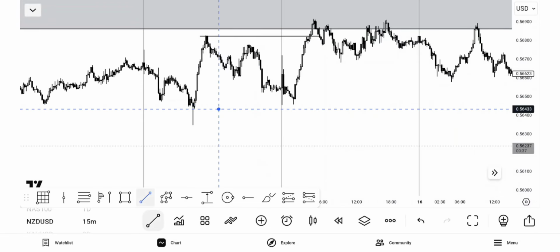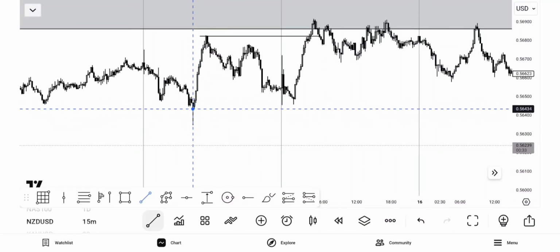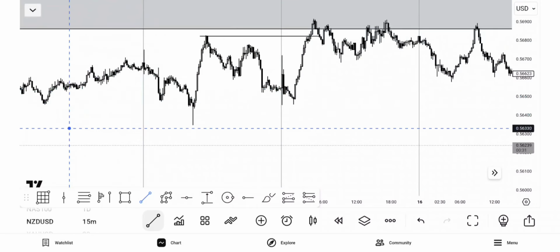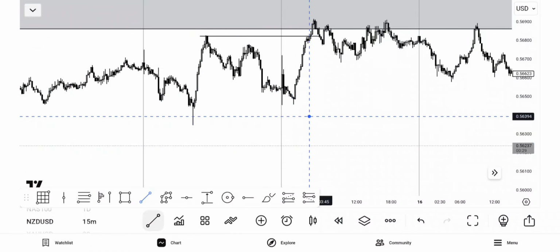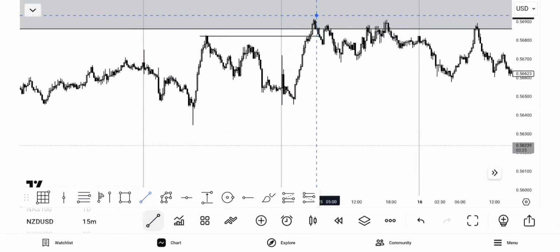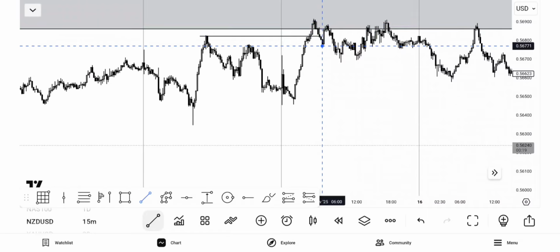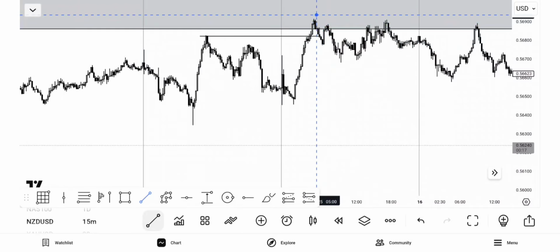This one is not the double break idea, so you still have to practice this to get the hang of it. We have impulse correction, impulse correction, impulse correction, impulse. Now when we had this correction, price retraced a little bit, and this high was unable to create a new high.